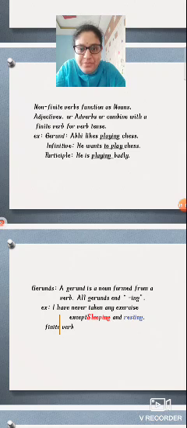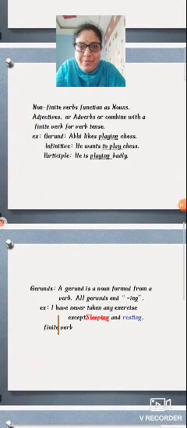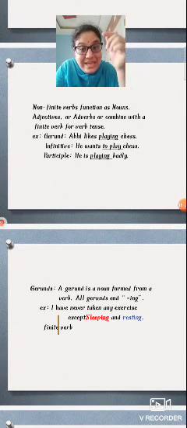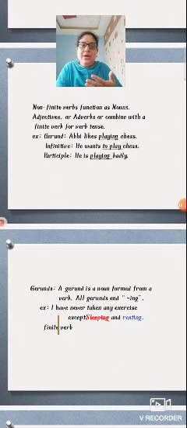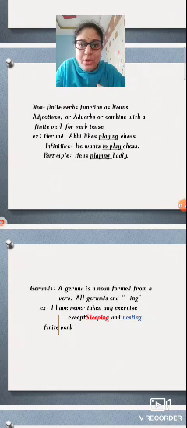Example, gerund: Abhi likes playing chess. In which tense is it? It is not showing the tense. Abhi likes playing chess, but whether he is going to play, or is playing now, there is no information in that.